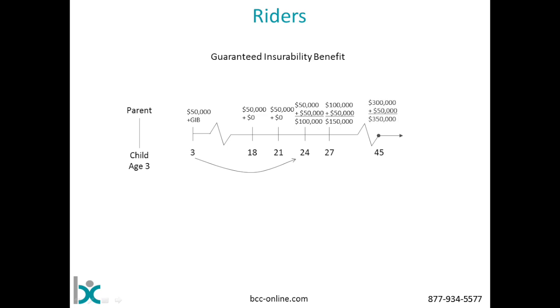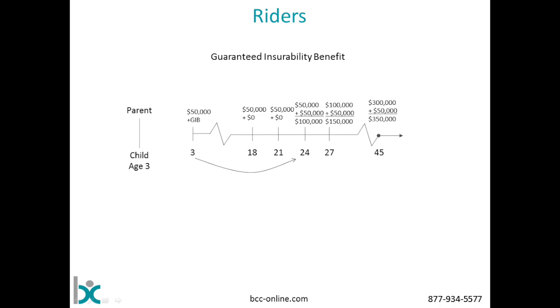We add another $50,000 of coverage, again, without any kind of underwriting, based on attained age of 45, but the insurability back at age 3. And we have $350,000 of coverage now. Again, it doesn't matter what kind of lifestyle decisions or medical situations arose in this child's life over those 42 years.